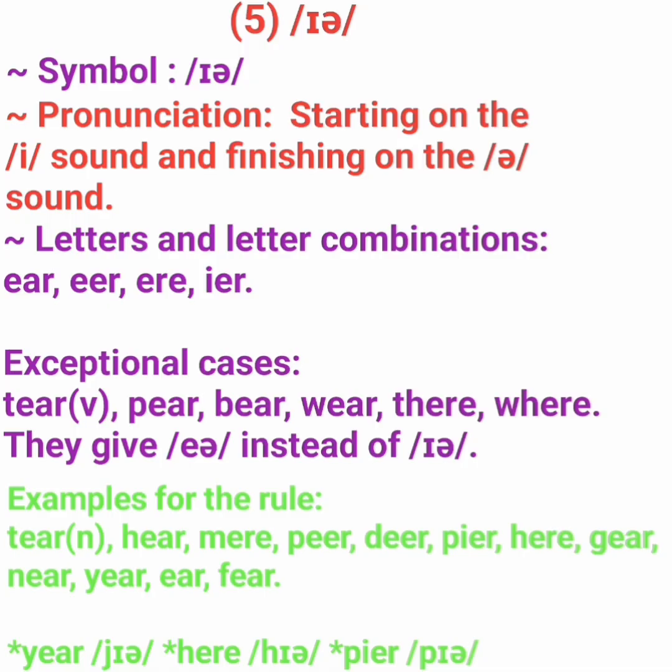But if tier is used as a noun, it goes with the rule, so we start with the E sound to be tier. So that is the observation. We have rules in the fifth one, and we have some exceptional cases. The exceptional cases that I stated go with rule 4, but the ones that align with the rule go with rule 5.